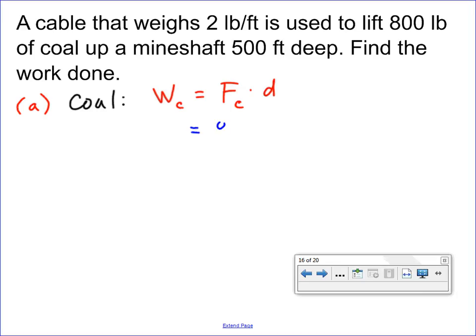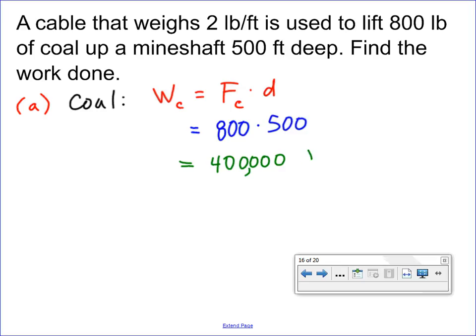Well, that is a force. That's already taken into account a weight, so that's a force. So 800 times the distance of the mine shaft, which was 500. So it looks like the work required to lift just the coal up is 400,000.